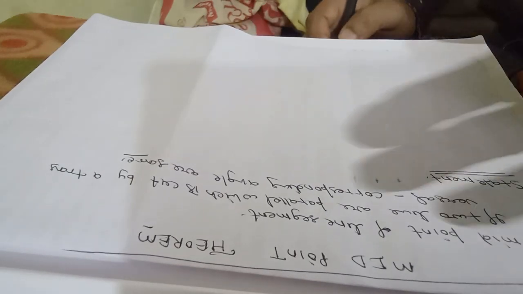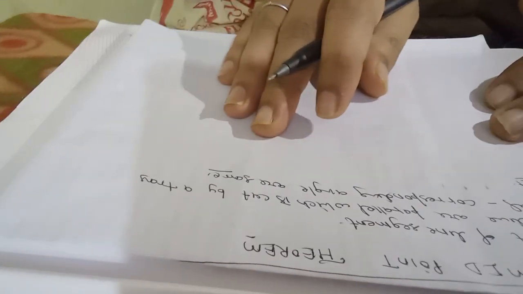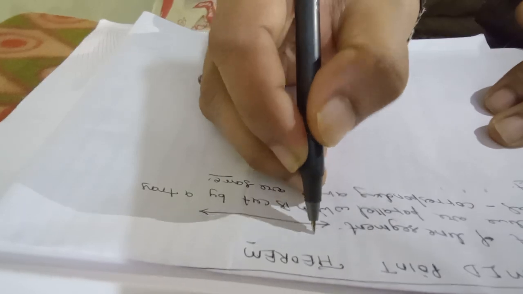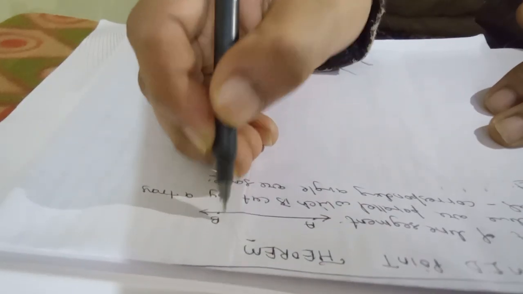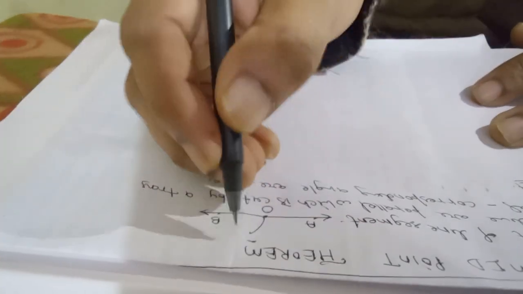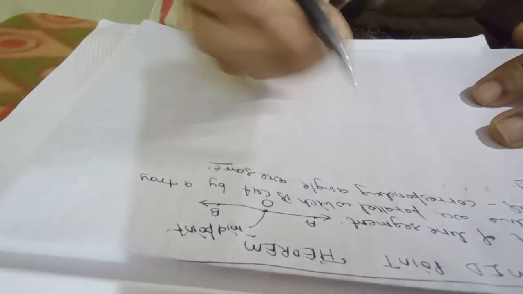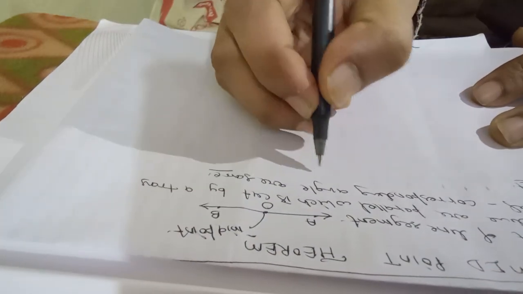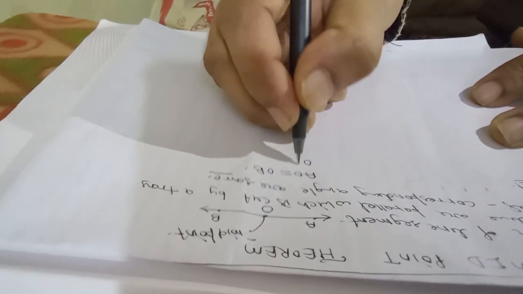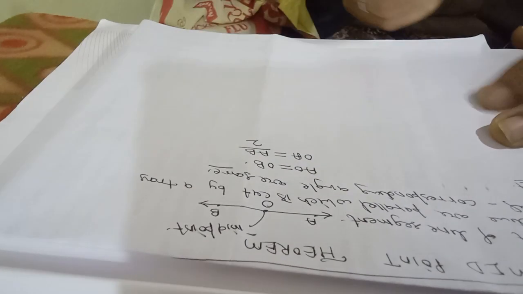The midpoint of a line segment, you will obviously know. If we have this line segment AB, its midpoint is O. That means from the above information OA is equal to OB, that means OA is equal to AB by 2.